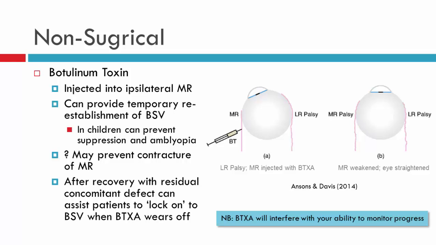It appears that by injecting Botox into the medial rectus, giving the patient BSV for some period of time seems to assist them to lock onto that BSV, and once it's worn off, they hold on to it and they maintain binocular single vision beyond Botox. So it's a really good option to trial prior to going into surgery where you have residual concomitant strabismus that's stable.